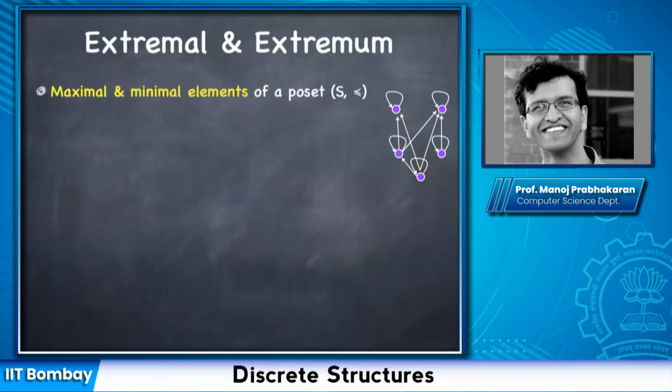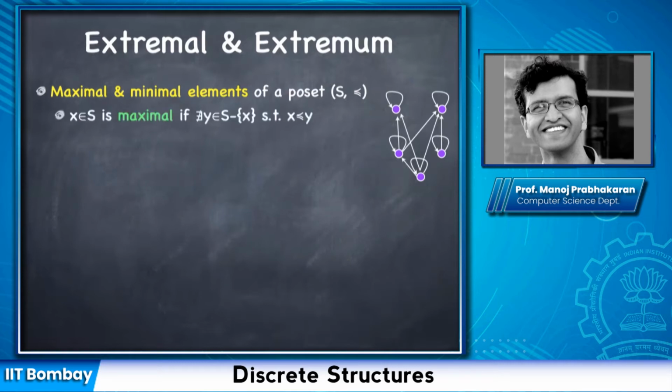Okay, so once you have a poset, there are various interesting properties implied by this combination of properties, right? Transitivity, being acyclic, and sometimes reflexivity. Okay, so the first property I want to mention is the notion of maximal or minimal element.